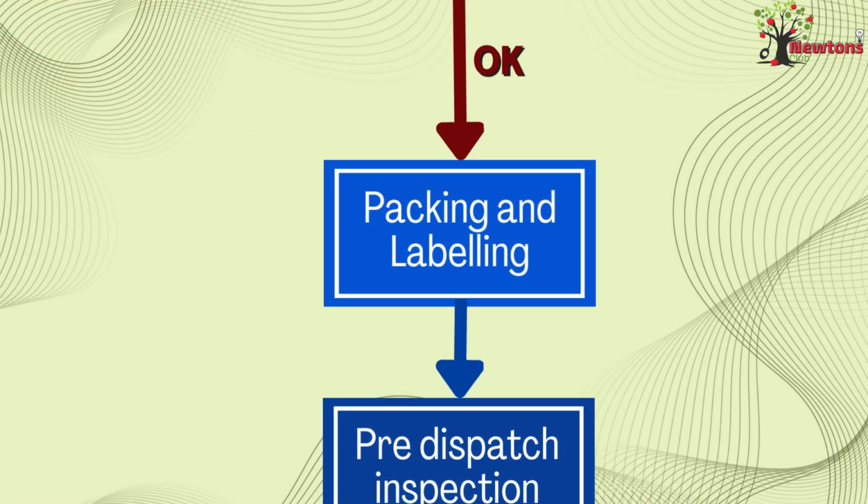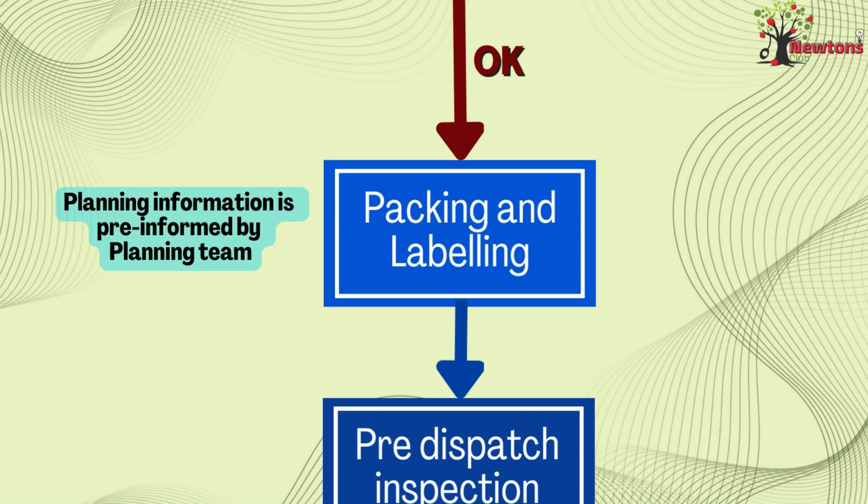See, before material goes into the packing section, the packing material and the labels are to be arranged, right? So in general, the production planning team provides all the information about the plan to the packing team before even the production starts, so that they can arrange the packing material ready by the time the goods are out of production. And again here, the sourcing department and the finance department comes into the picture during procurement.